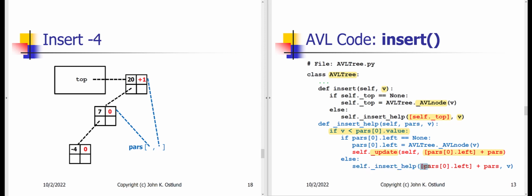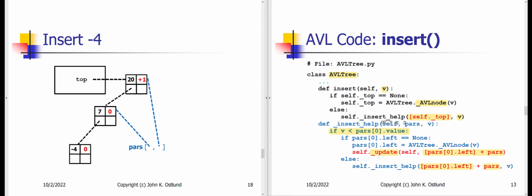Notice now that we're creating a list containing the left-hand side reference, the reference to the node containing the 7, plus the list containing all of the other ancestors. So we're passing a reference to the 7 concatenated with a reference to top, and -4.